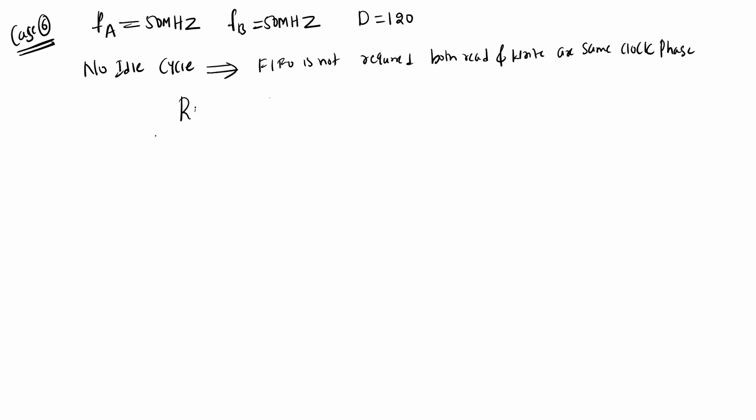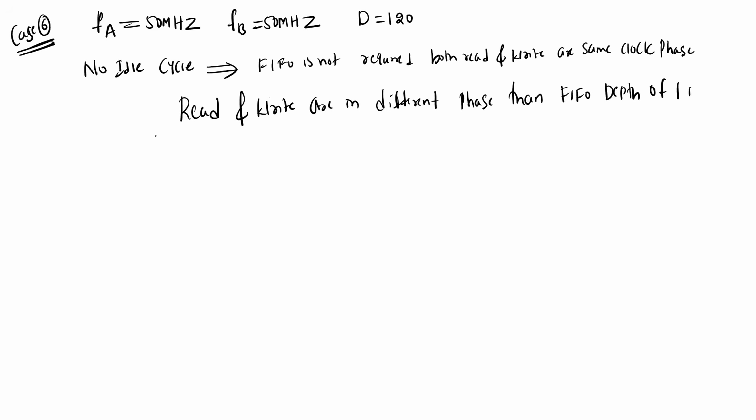So when read and write are in different phase, a FIFO of depth one is required. Is it fine?